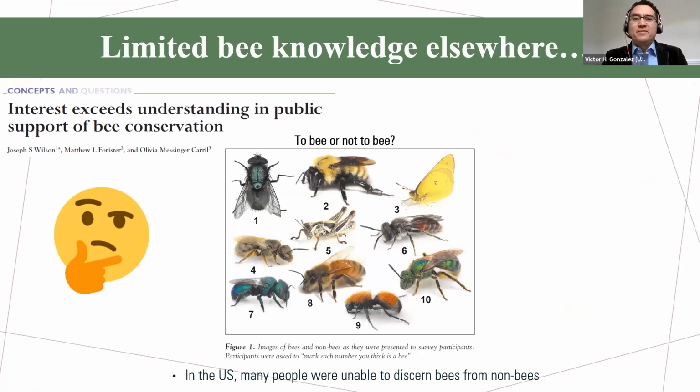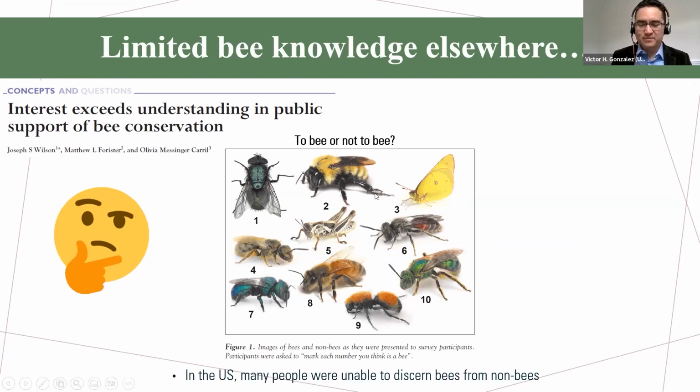So what about in other regions? Is this limited knowledge of bees just restricted to the people living in these areas? And this is something that I was even more surprised by when I learned.